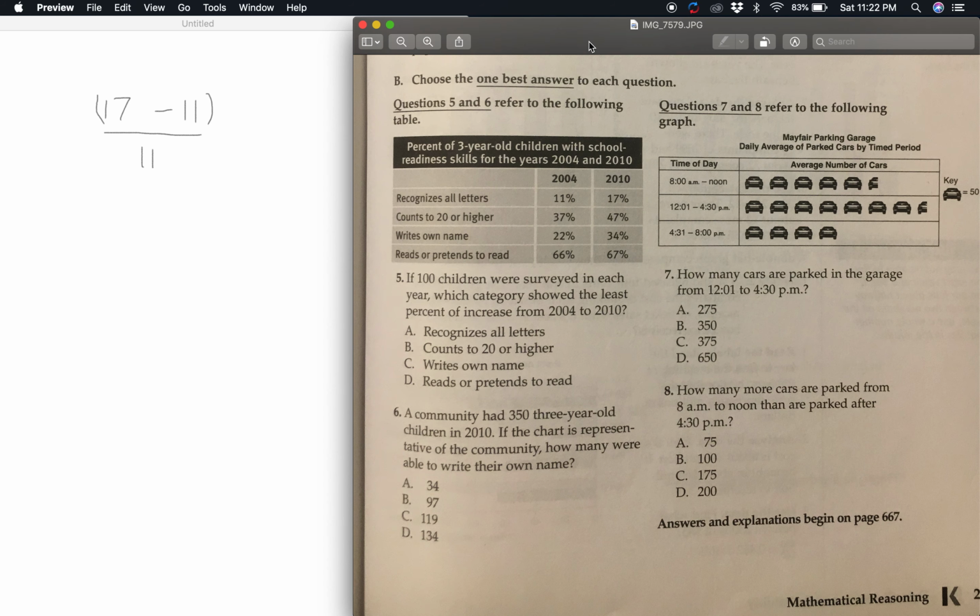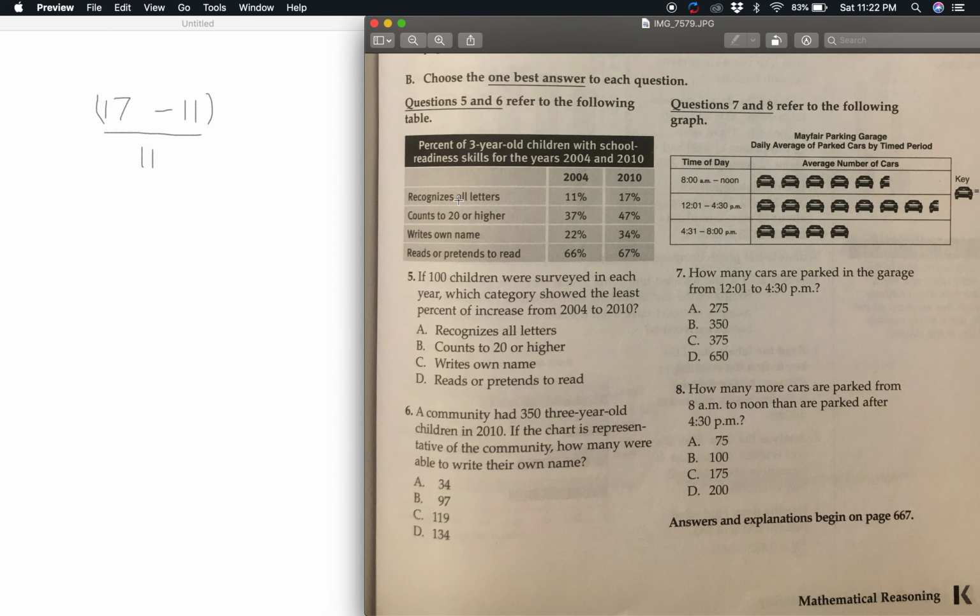So I'll explain that. If you want to see which category showed the least, you have to find the percentage of increase for all of these, and it's not too difficult. For example, take this one, recognizes all letters. We took the biggest number, because this is the formula for percent of change.